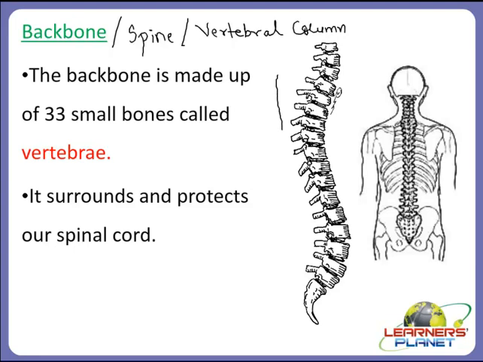Because it is vertically shaped, so it acts as a column, and it is made up of 33 small bones called vertebrae. So it is termed vertebral column or spine or backbone. Basically, it surrounds and protects our spinal cord. It is made up of 33 irregular shaped bones which contain a small canal in the center.